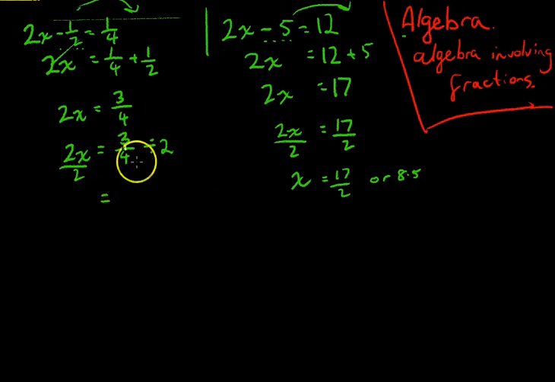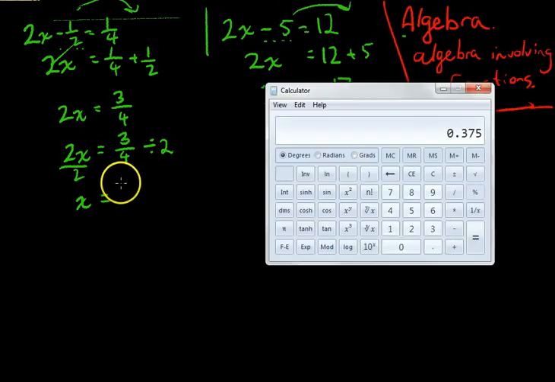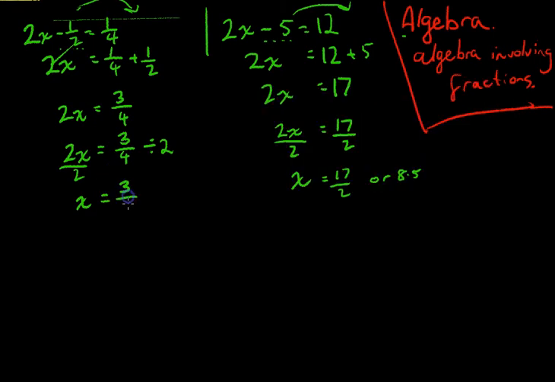Now here, if you put this into your calculator, 3/4 divided by 1/2, divided by 2, that'll give you an answer of either 3/8 or 0.375. Both of those answers would be acceptable here, although because this question had fractions in it to begin with, it probably makes more sense to give your answer as a fraction.